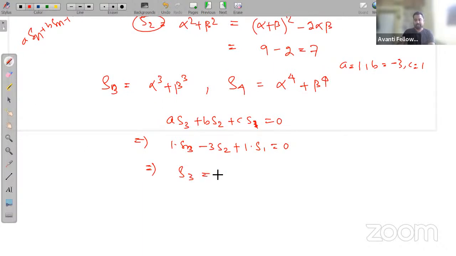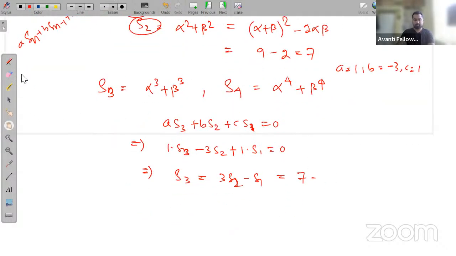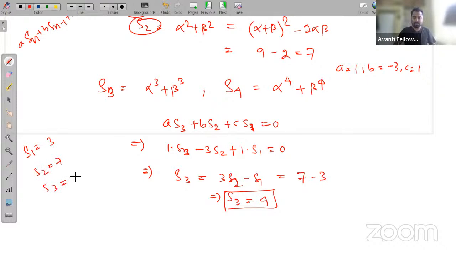So S3 I am getting 3S2 minus S1. S2 you got as 7, minus S1 you got 3. So S3 becomes 4. So we got S1 as 3, S2 as 7, S3 as 4.